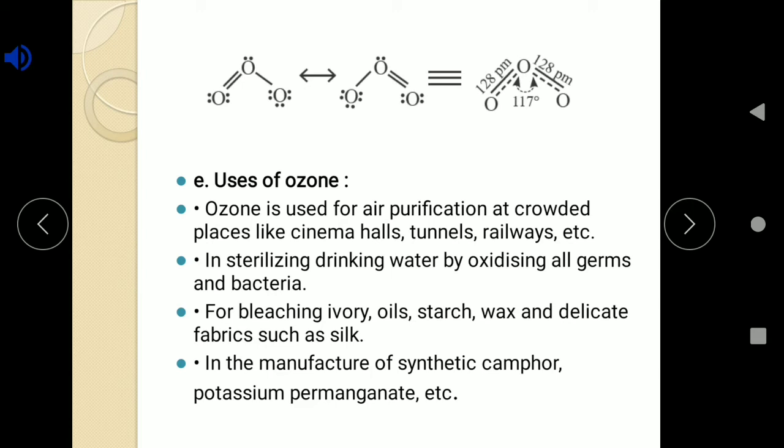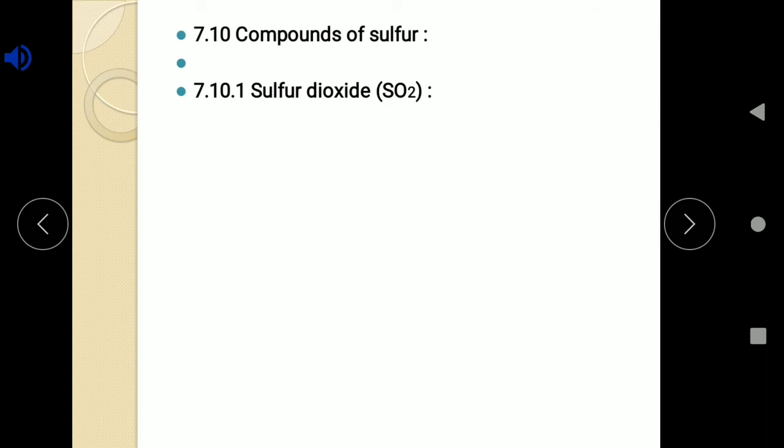So this is all about ozone. We have seen its methods of preparation, chemical properties, physical properties, structure, and uses. Now, let us start with compounds of sulfur. Sulfur is the next member, or second member, of the 16th group.